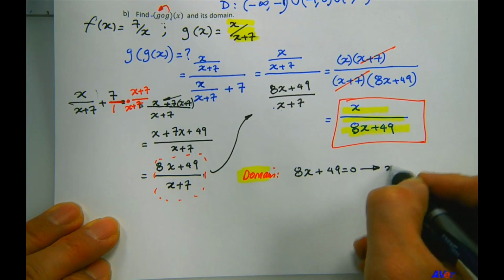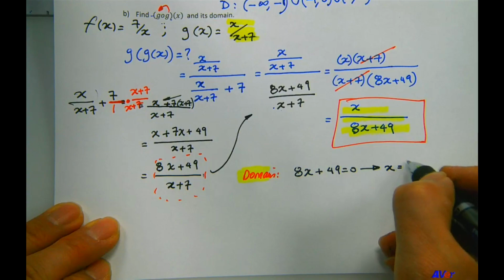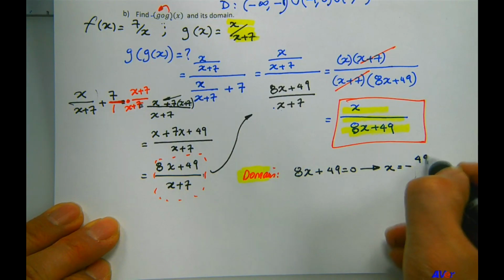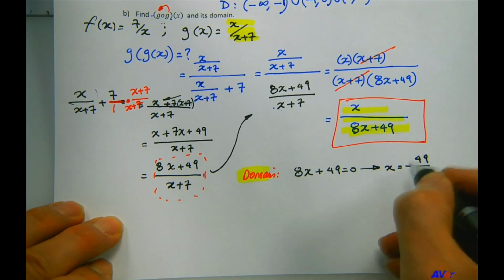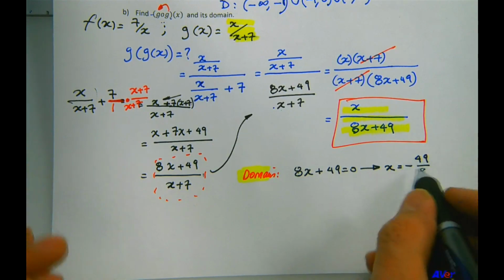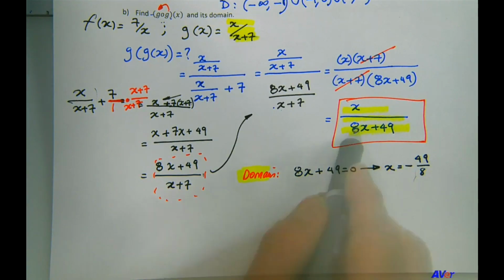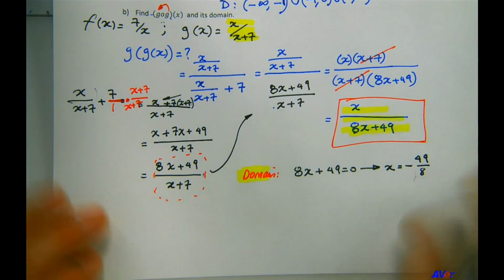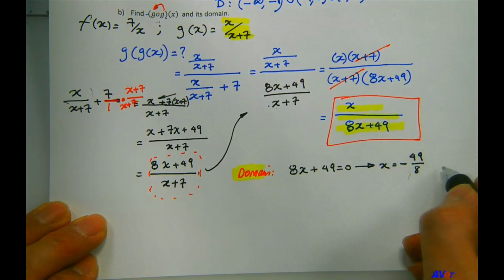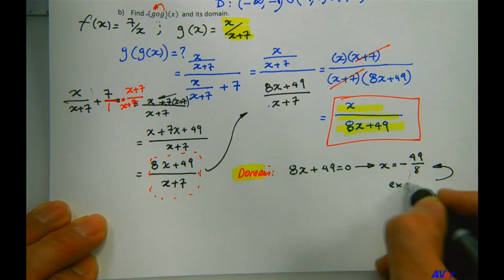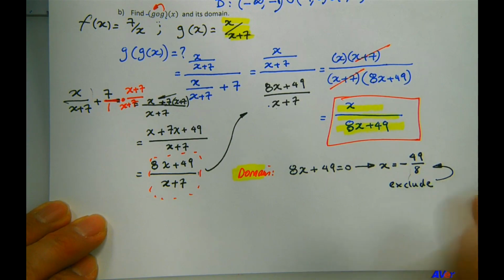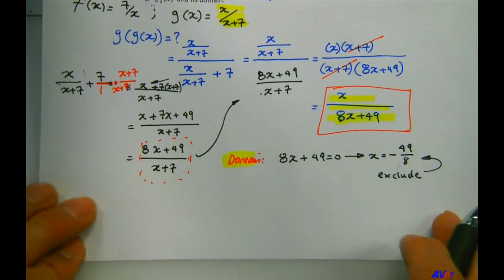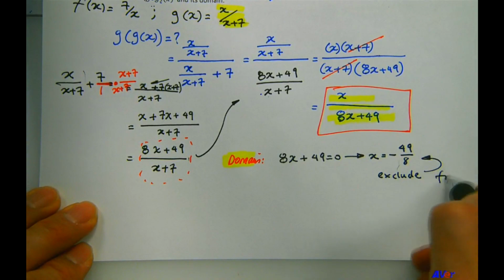Then x equals negative 49 over 8. Right? That should be excluded from the domain of this composite function, for sure. So let me write here, exclude from domain.